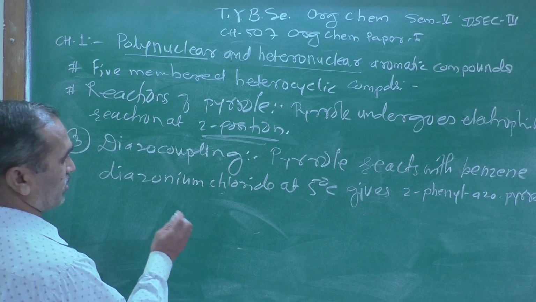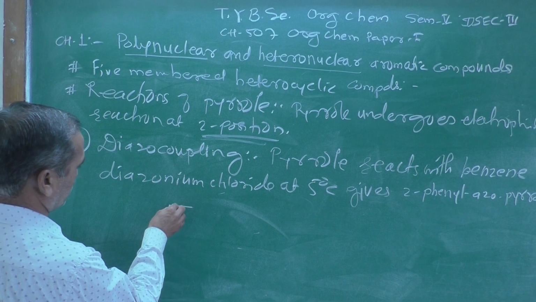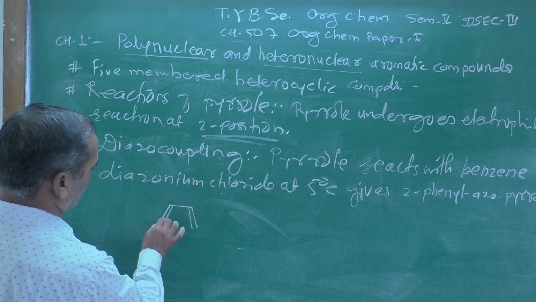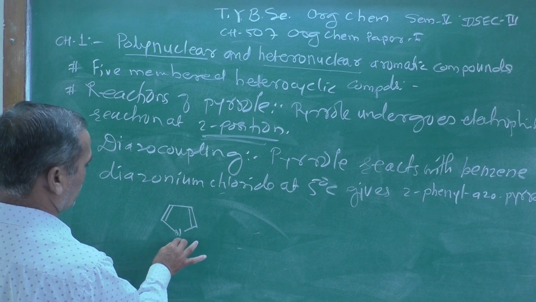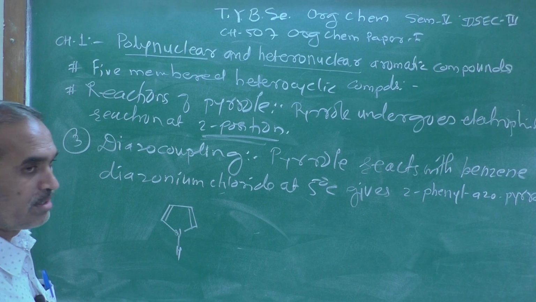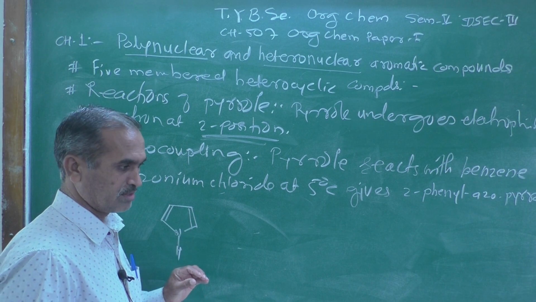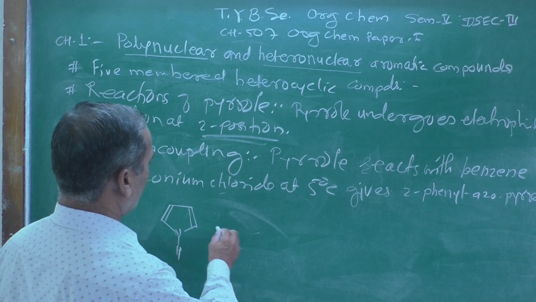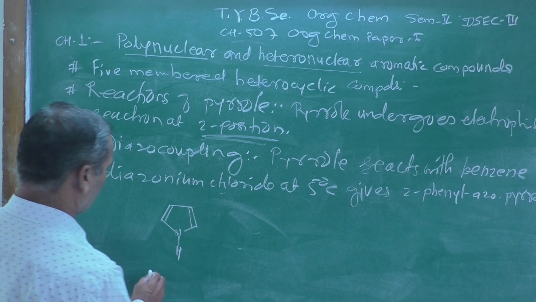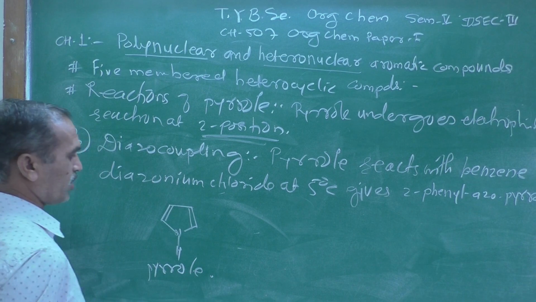Now let us look at the starting material or the substrate. Everybody knows that this one has a nitrogen with one hydrogen attached to that nitrogen, because nitrogen has 3 bonds. This is the structure, and the name of this structure is pyrrole, as we know.